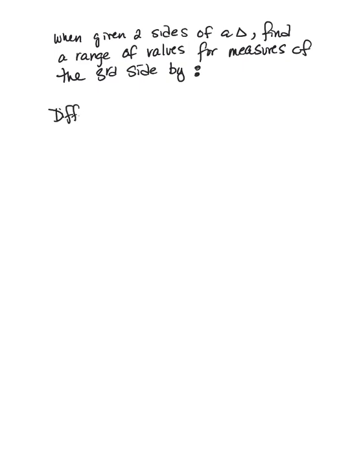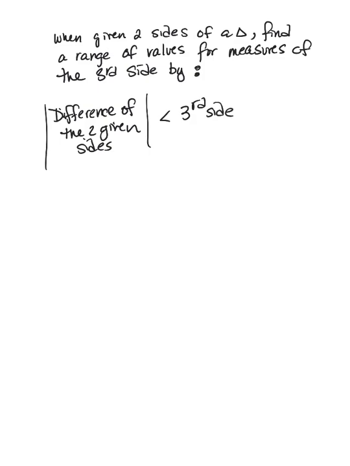Get the difference. Now, when you get this difference, it has to come out to be positive, kids, okay? You know what? I'll just write difference with absolute value around it so you know that it has to be positive. Difference of the two given sides, absolute value, has to be less than the third side, strictly less than, which has to be less than the sum of the two given sides.